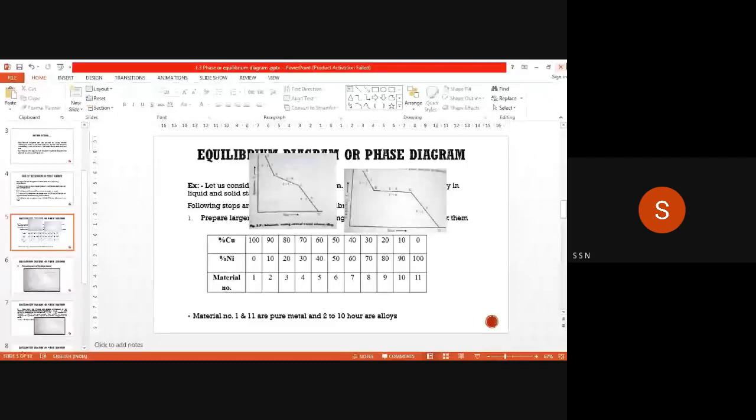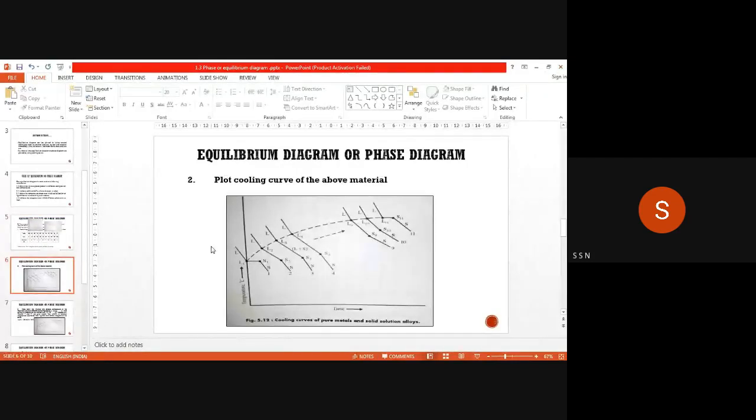Next, for plotting the curves of the above materials, we will plot the cooling curves for different compositions. Initially, 0% nickel, that means 100% copper. I will draw one cooling curve for pure copper metal.